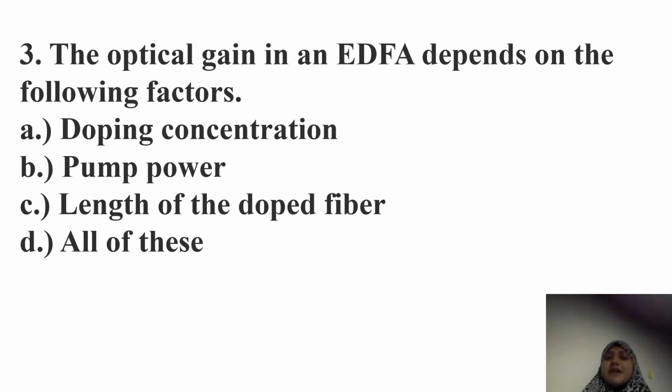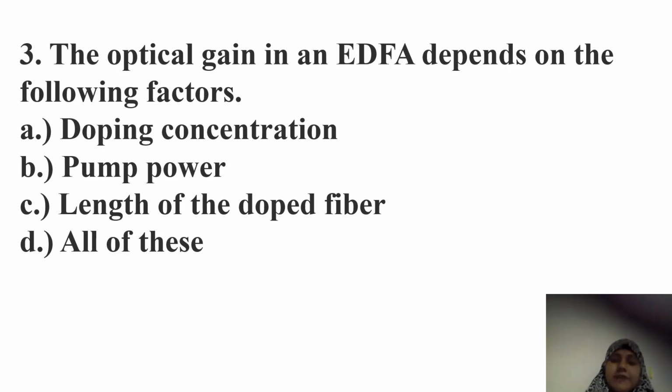The optical gain in an erbium doped fiber amplifier depends on the following factors. So as I had told you, why are we doping a fiber optic with erbium atoms? We are making it a fiber amplifier. This fiber amplifier will amplify the signals which are transmitted from one end to the other end over thousands and thousands of kilometers.